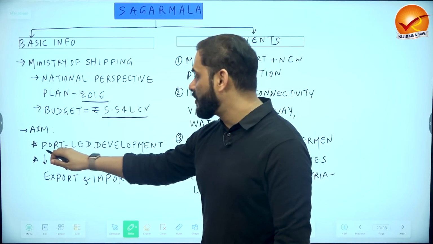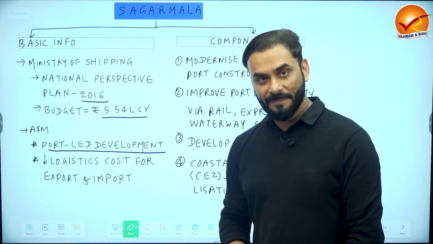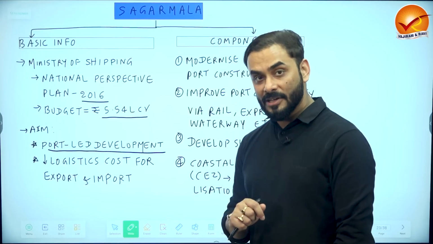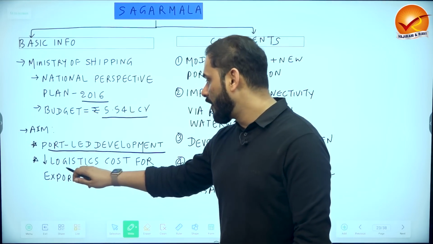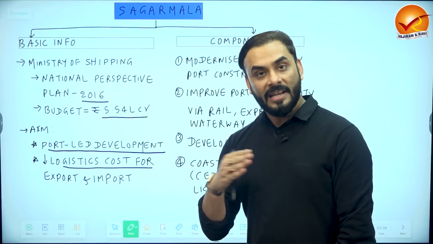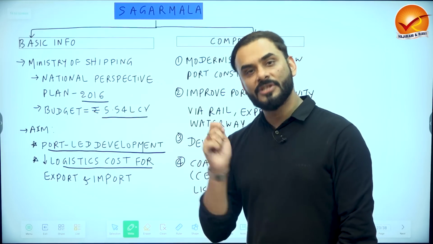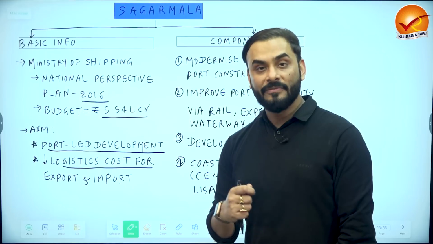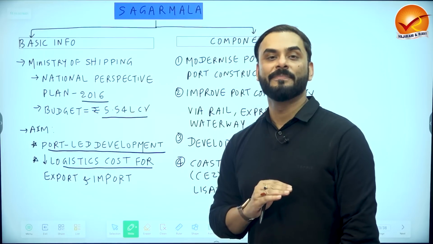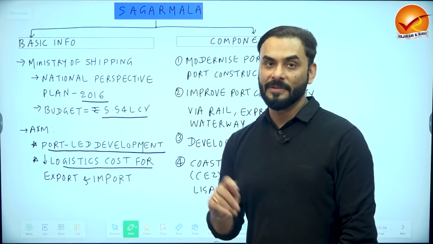The aim of this plan is port-led development. I showed you port-led development, and the second aim of this plan is to improve the logistics in such a way that export and import through Indian ports become less costly. When you improve the infrastructure, of course, your shipping cost would come down and export and import would become cheaper.